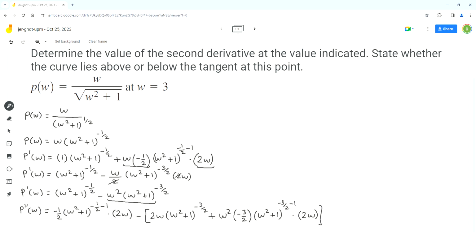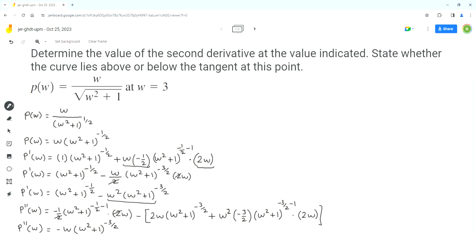So this is the expression for the second derivative. Now we can simplify this expression. In the first part, we can cancel out the 2's, so negative half times 2w will just be negative w. So the double prime of p at w equals negative w times the w squared plus 1 with exponent negative half minus 1, which is equal to negative 3 over 2.